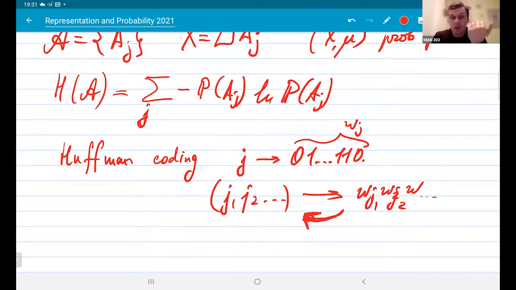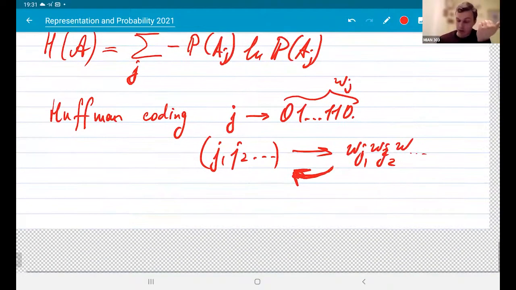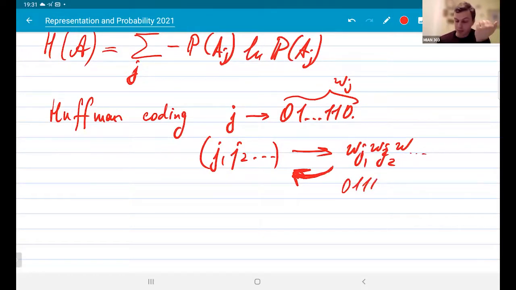I just consume digits from this sequence one by one. At some moment I will say stop, look at what is in my buffer, and see that this is one of the Wj's. Then I write down j1, consume the next symbols, and so on.